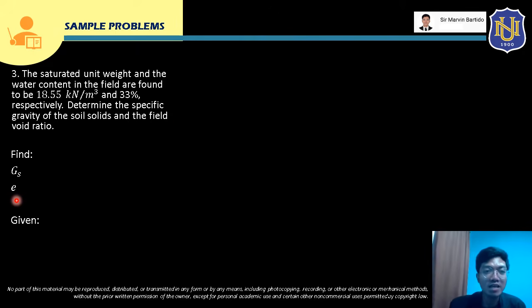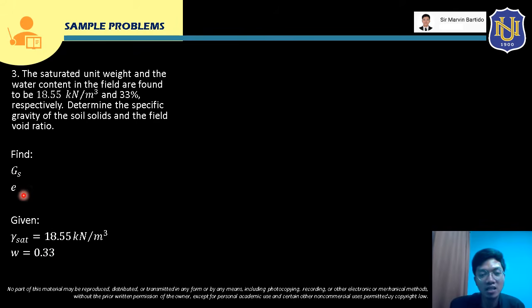So yung mga given natin dito, class, saturated unit weight ay 18.55 kilonewton per meter cube. And then yung water content natin ay 33%. So yan ay 0.33. So from here, class, kung ang hinahanap natin ay G sub S at saka e, so let's say for G sub S muna. So hanap tayo, class, ng relationship na pwede nating magamit yung mga given natin.